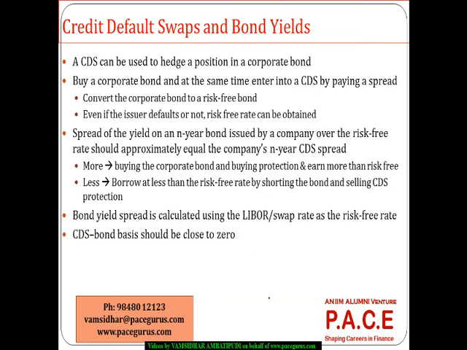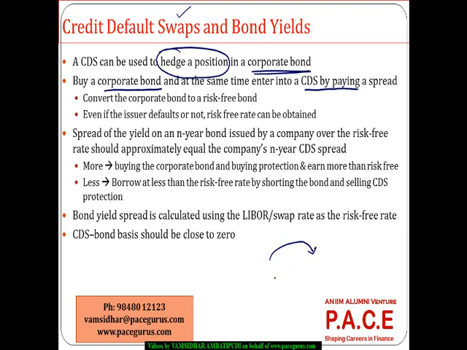And to a large extent, one of the applications of a credit default swap is to hedge a position in a corporate bond. The reason being, let's say I have purchased a corporate bond, and at the same time I am entering into a CDS to buy protection.